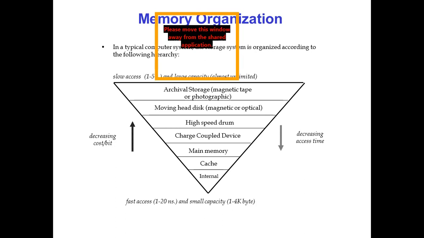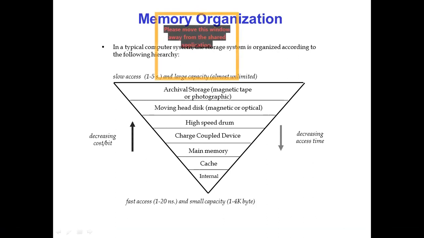So in a typical computer system, you can see the diagram here, of how we are going to organize the memory. There is slow access and large capacity. This is one category.